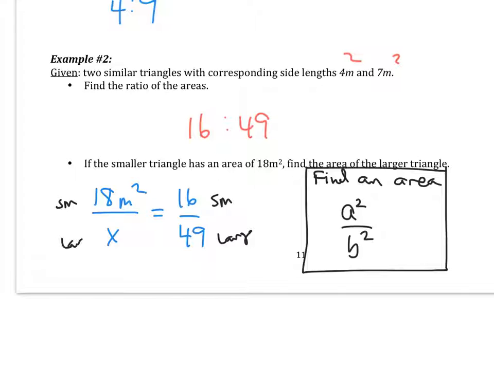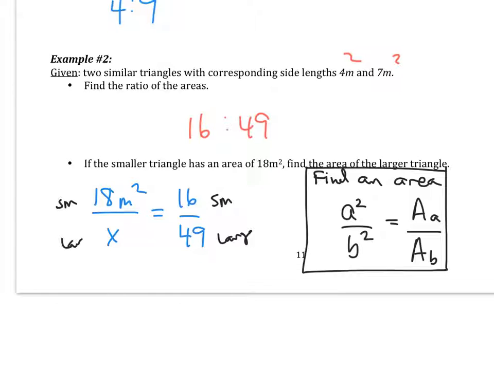Okay, equal to the area of A, which is the smaller triangle, which they said was 18, and obviously it's going to relate to the 4, because 4 is smaller than 7, and then over the area of B. And then you cross multiply and solve like Chris said. Okay? So anytime you want to find a missing area, you got to do a squared over b squared equal to the area over the area.